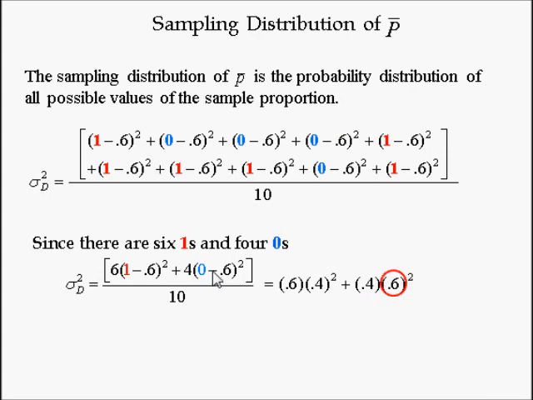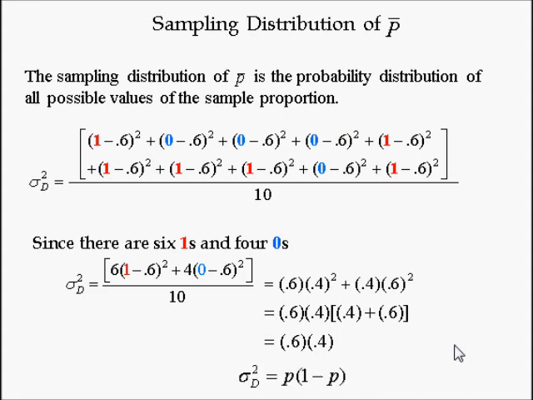And notice that the negative is gone because a negative squared is positive. Factoring 0.6 and 0.4 from the sum yields 0.6 times 0.4 times the sum of 0.4 and 0.6. Since the sum of 0.4 and 0.6 is 1, the variance of D equals 0.6 times 0.4, or 0.24.